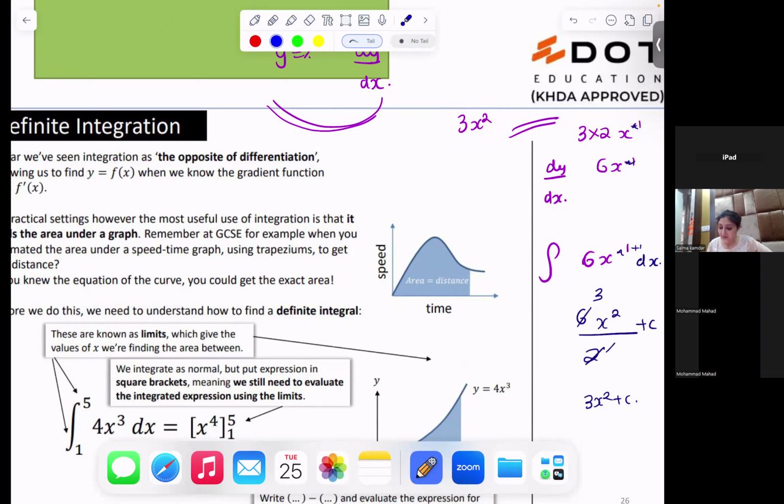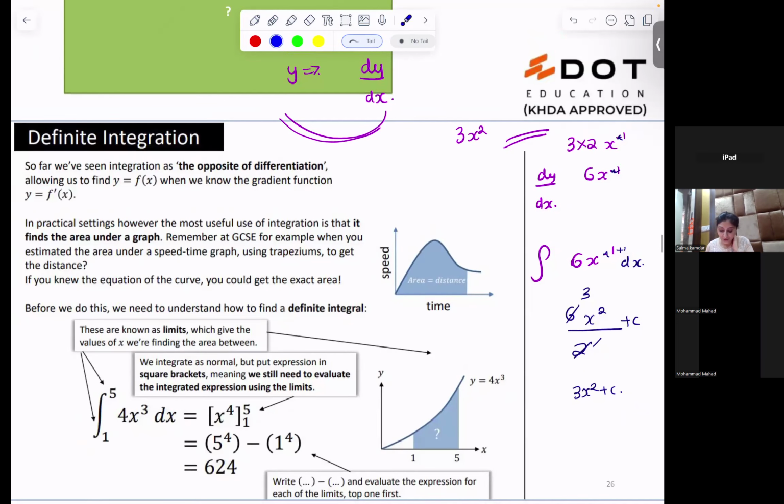In this function it was 3x squared, so it did not have a c. We know it over here, but you may not always know the original function. So whenever you're integrating, you are always going to add c. So this is an indefinite integration.